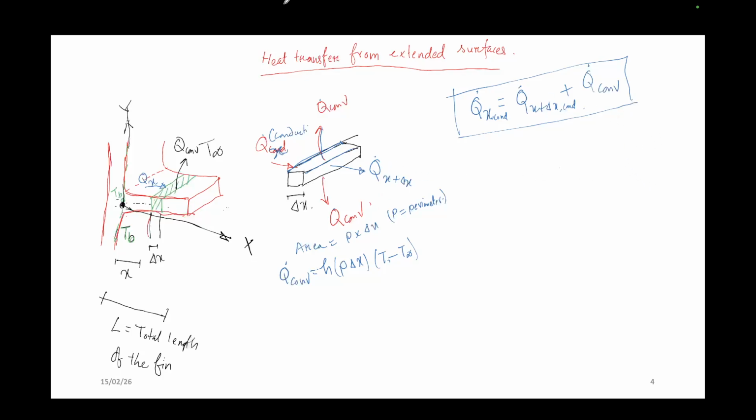For your convenience, if it is a cylinder, that will give you a better understanding. The area of the cylinder should be circumference, that means perimeter, into height, 2 pi r into h. So a similar thing is happening, perimeter into del x. Is it clear or no?